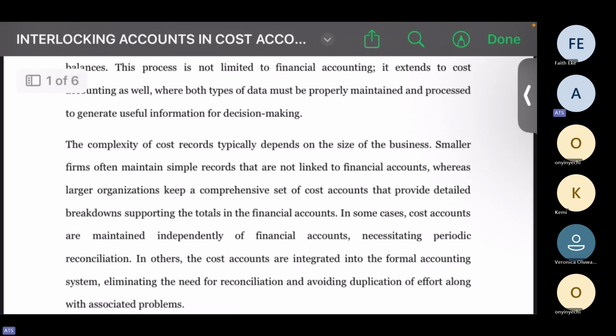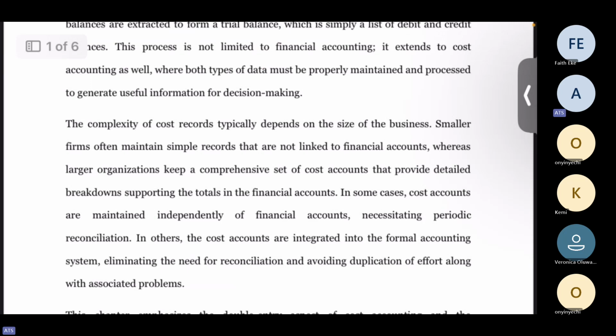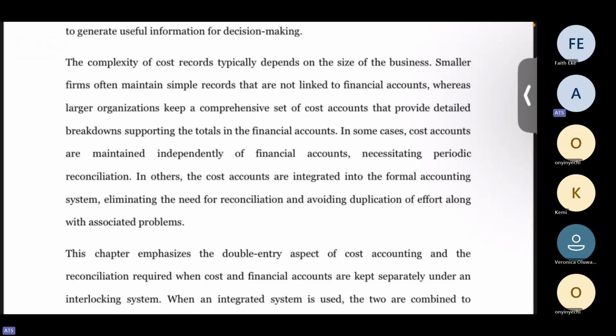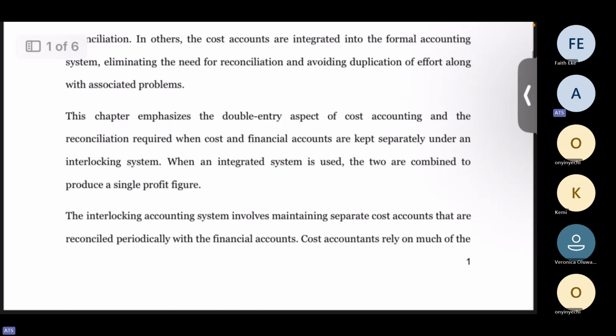The size of your cost account depends on the size of the business. As I mentioned, it is usually bigger companies that keep separate records. That leads me to explaining what an interlocking accounting system means. In an integrated system, you integrate cost and financial accounting functions.